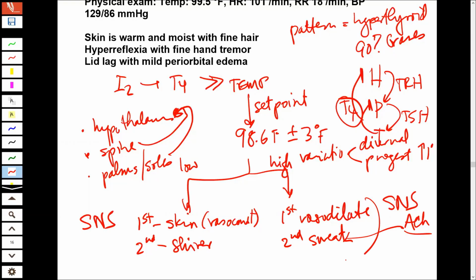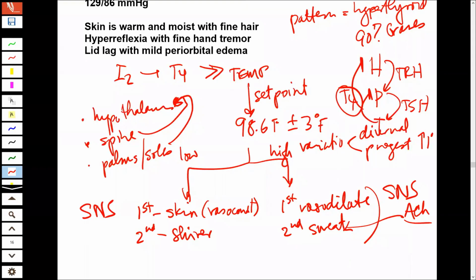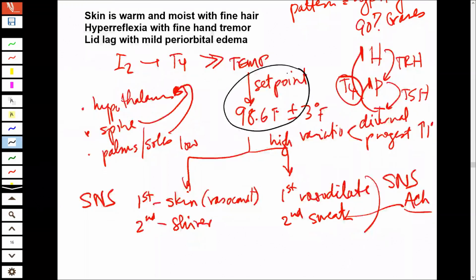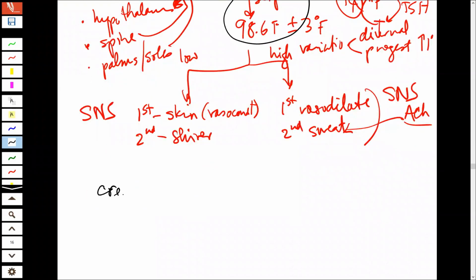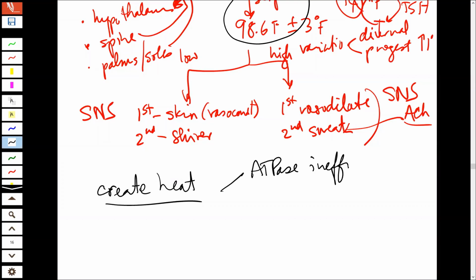So every time you think about the thyroid, you're going to say to yourself, so how does the thyroid do the set point? Because you've got to create heat. And you know how it does that? It does that through two basic mechanisms. It renders all of the ATPases inefficient, and in the mitochondria, it uncouples.